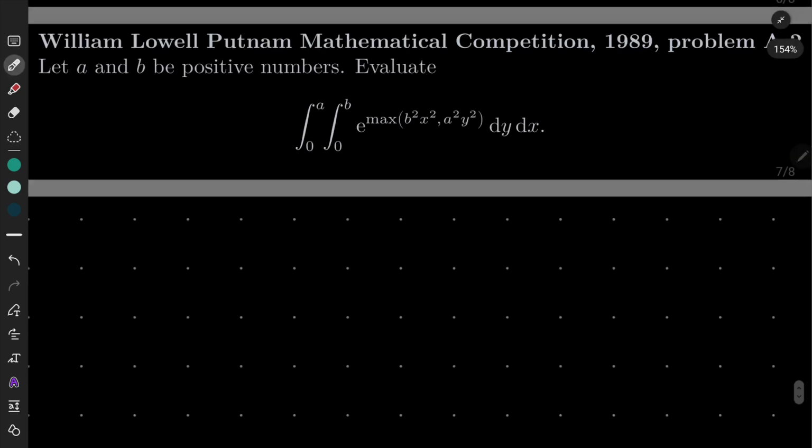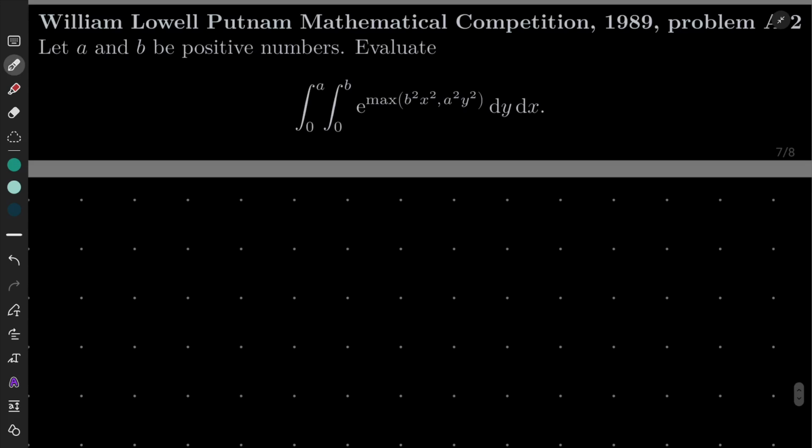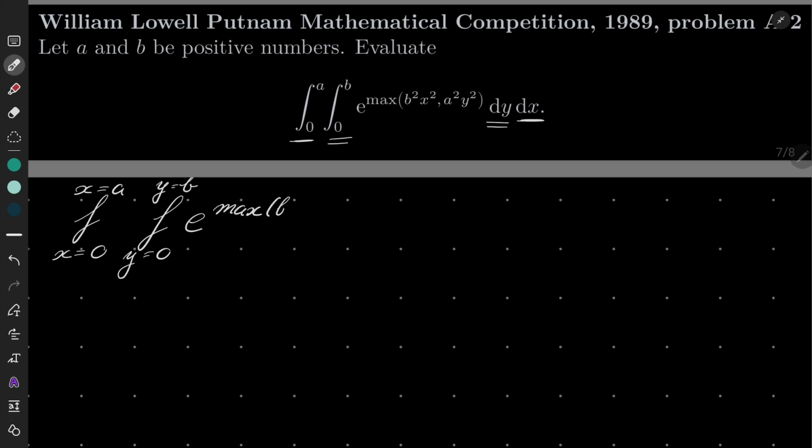Okay, so I hope that you've managed to solve it. First of all, let's write our integral in the following way. The outer integral is over x, so x goes from 0 to a, and then the inner integral is over y, so y goes from 0 to b, and we are integrating some function, dy dx.